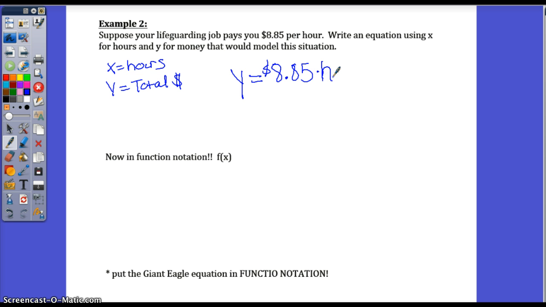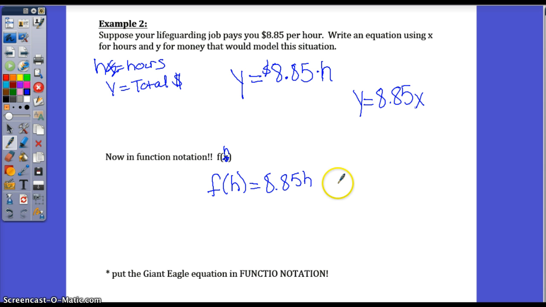I'm actually going to call it h for hours. So in function notation, since I used h instead of x, I'd write f of h equals 8.85h. If you wrote it as y equals 8.85x, you'd say f of x equals 8.85 times x. So all you did was replace the notation. Instead of y, you wrote f of x.